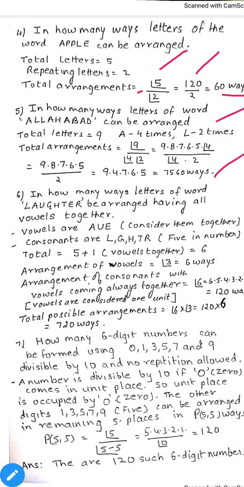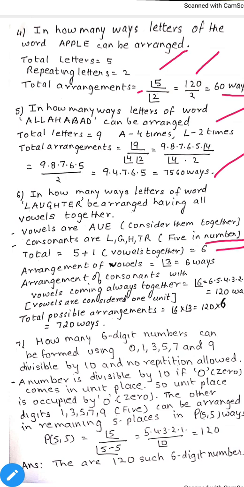In how many ways letters of the word laughter can be arranged, having all vowels together? Now this is a good question. In this, the vowels A, U, E of the word laughter are considered together. Consonants are L, G, H, T, R, 5 in number. Total we consider as 5 plus 1, where 1 is considered as the packet of vowels coming together.